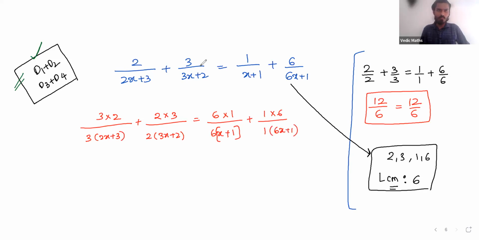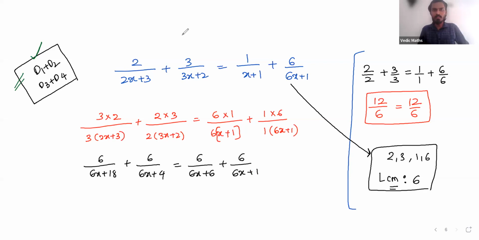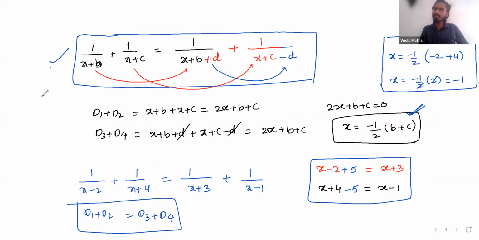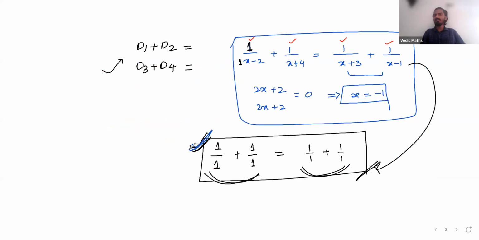Now 6 upon 6x plus 18 and 6 upon 6x plus 4 is equal to 6 upon 6x plus 6 plus 6 upon 6x plus 1. Now see, it looks like this condition. Am I right? Yes, and here we can satisfy this condition also.